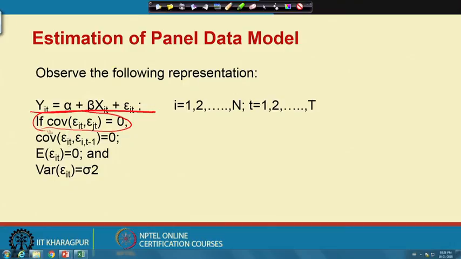That is what we have already discussed about the autocorrelation issue, and then the covariance of two error terms when i equals j is called variance, which is the requirement of homoscedasticity, and then again the sum of the error terms should be equal to 0. So, these are the things again we have to validate here in the case of panel data structure.